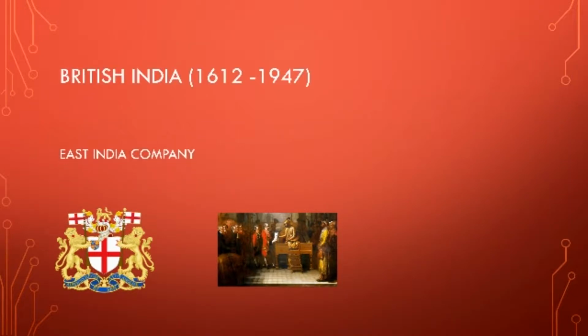British India. How and when did the British start ruling over India? The British started in the year 1612. As I told you, they started the East India Company. They came to the subcontinent for trade. So they started the East India Company in 1612 to 1757.